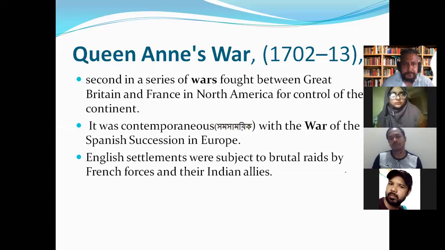And it was contemporaneous with the War of the Spanish Succession in Europe. And the English settlements were subject to brutal raids by the French forces and their Indian allies. So French people, Indian people, British people, all were on the Canadian continent at this time.